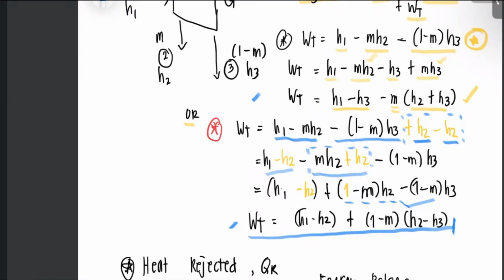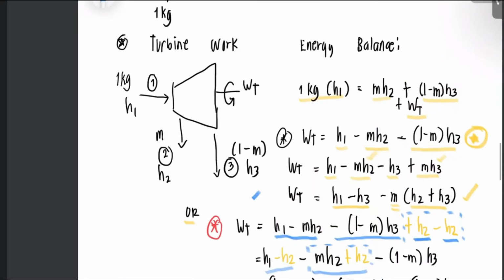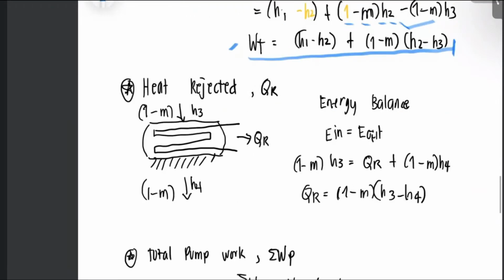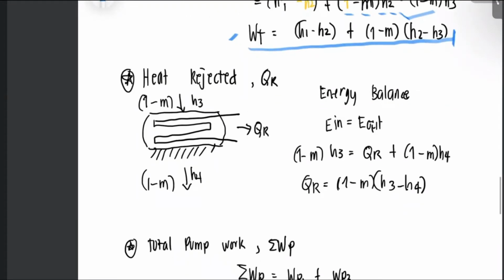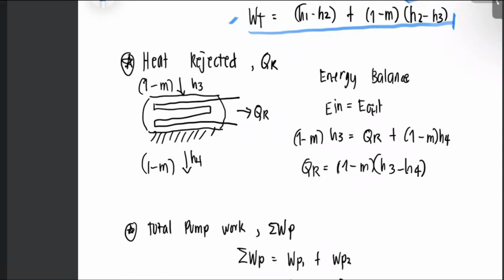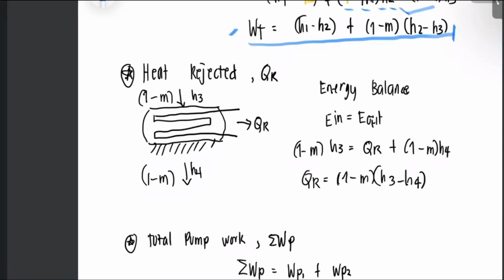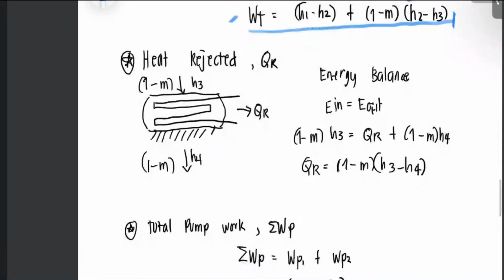Okay. So, this is the derivation of turbine work. And in the heat rejected, since meron na tayong extracted steam, so this is now 1 minus M. Energy equation, we have now entering the 1 minus M H3, which is equal to leaving the heat rejected at the condenser as well as the same bleed steam, or the 1 minus M times the enthalpy at point 4.